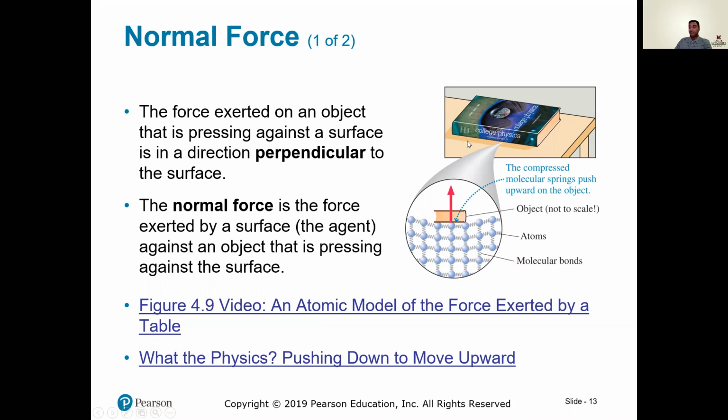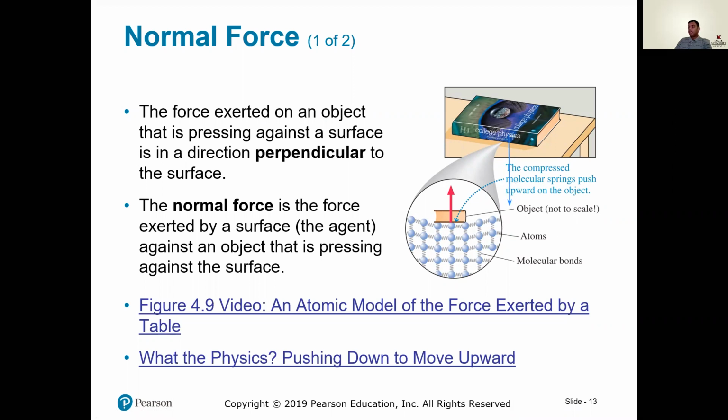Where does it come from? It basically is a reaction force whenever an object is resting or putting some weight on another surface. So for example, this textbook is sitting on the table. By sitting on the table, it's pushing down because of the gravity, because of the weight of the book.